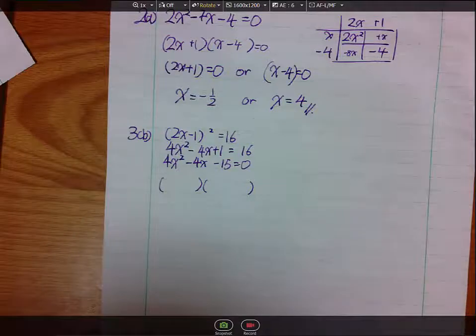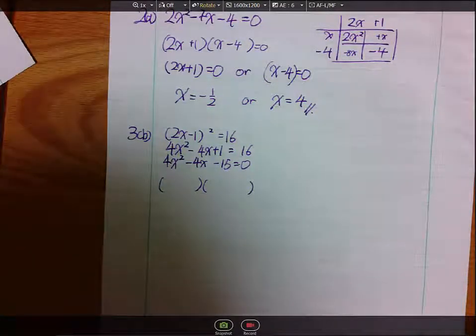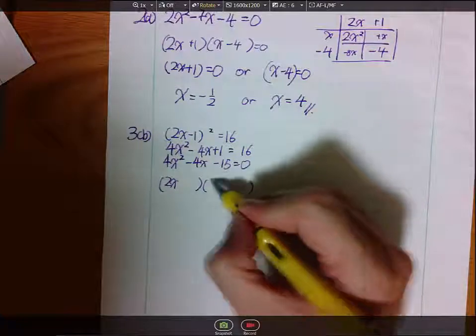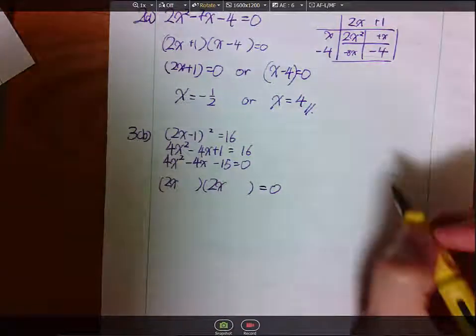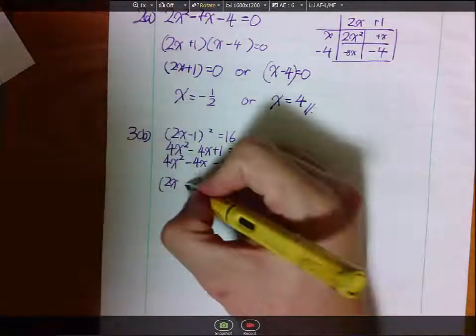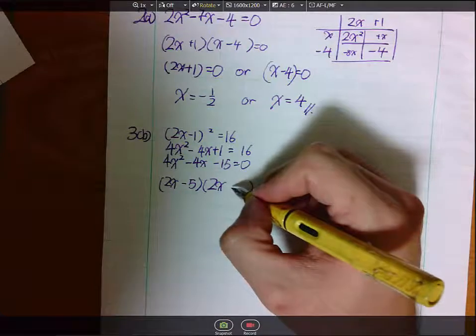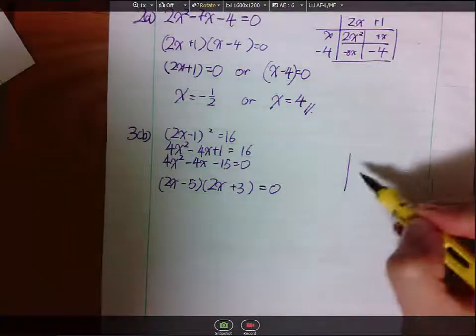So if we try to factorize this, we have 2x and 2x. We try the multiplication frame.